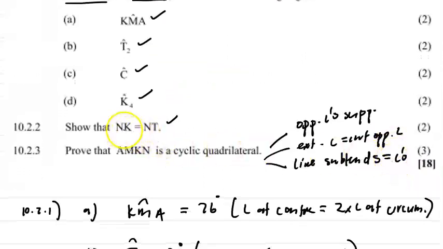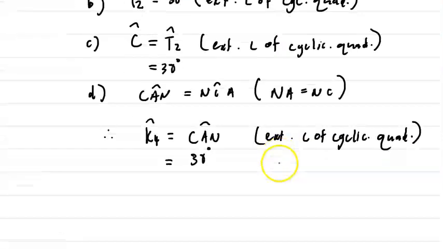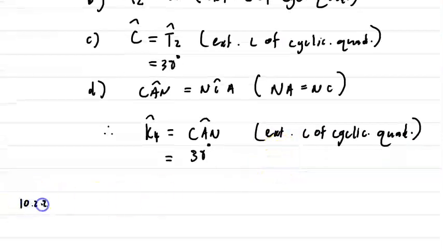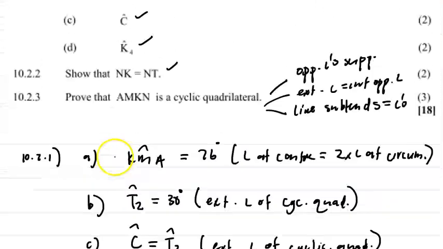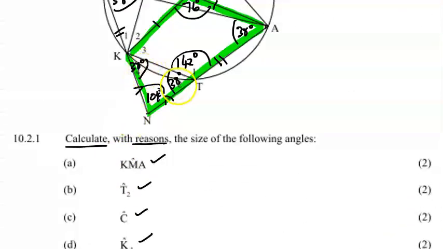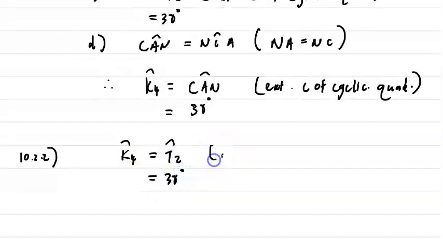And now we've got NK equals NT. In order for us to show that NK is equal to NT, we know that K4 is equal to T2 equals 38 degrees. So we can just write that down for 10.2.2. You can say here, K4 equals T2, which is equal to 38 degrees, and that is already proven above.